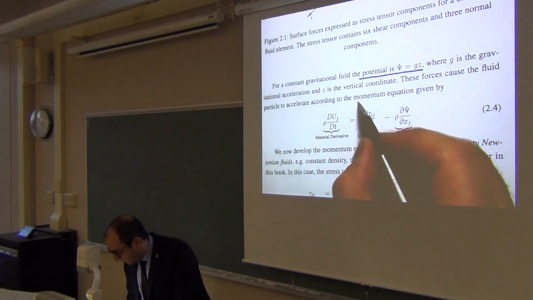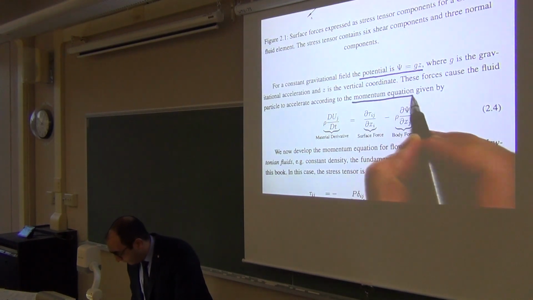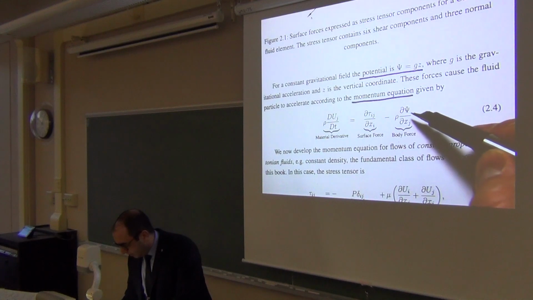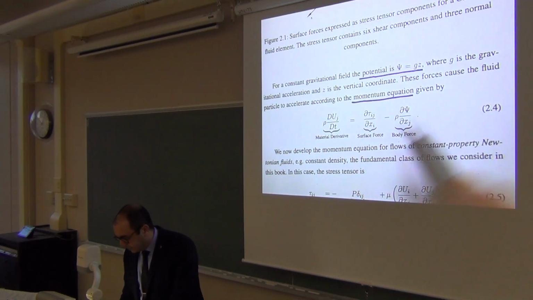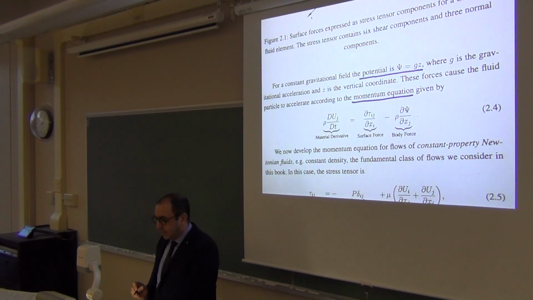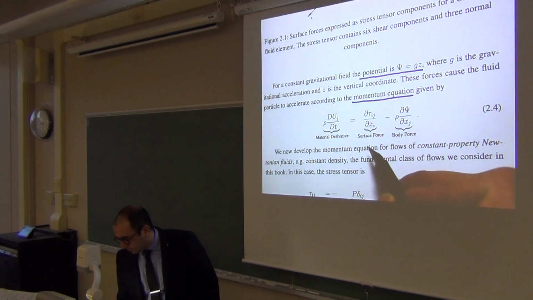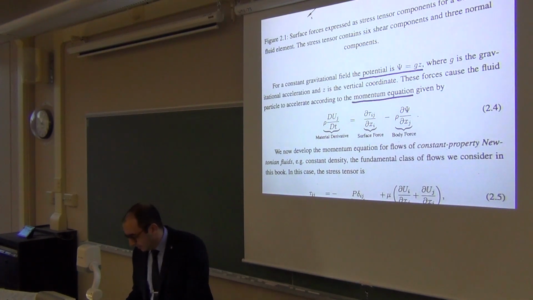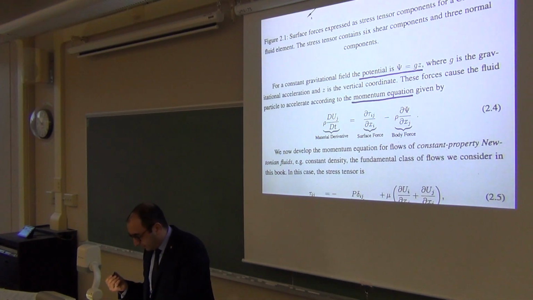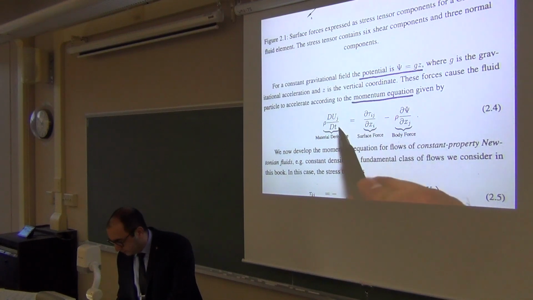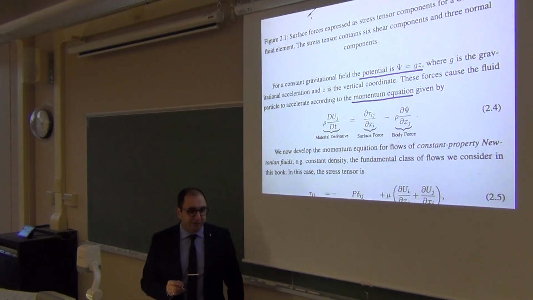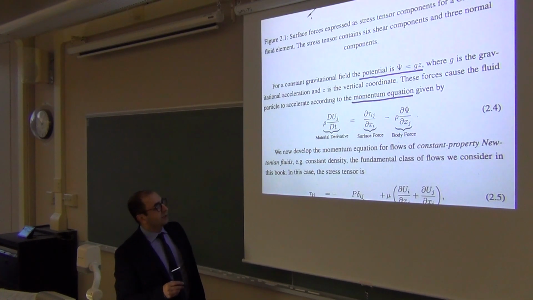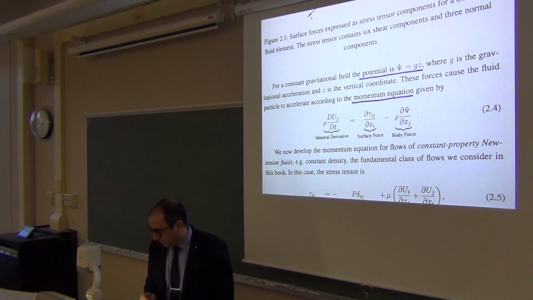So going back to the momentum equation, now I just explained to you, I have psi, the gravitational potential here, and I have the stress tensor. But I don't have the stress tensor on its own, I have its spatial derivatives, okay? Now, let's go back to the index j. Well, index j is just one of the directions within the Cartesian coordinate system I'm interested in.